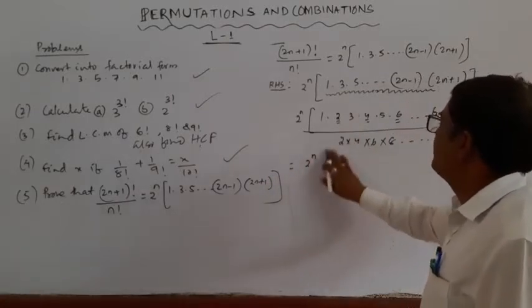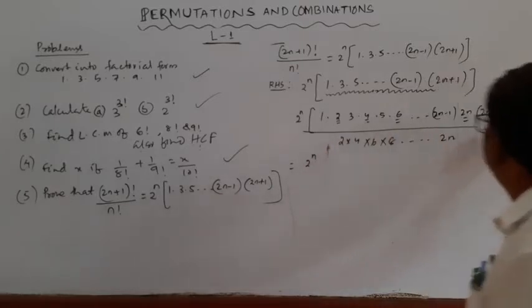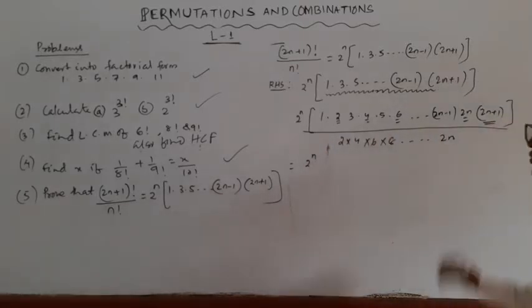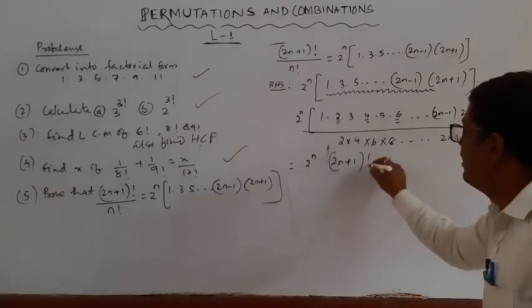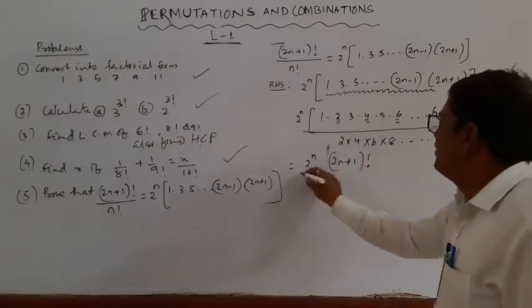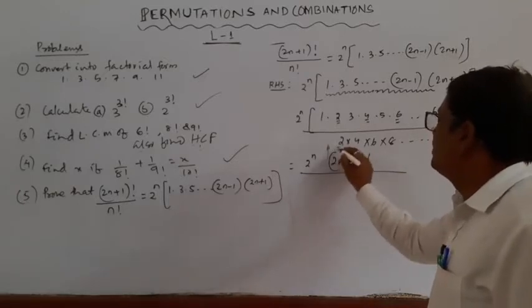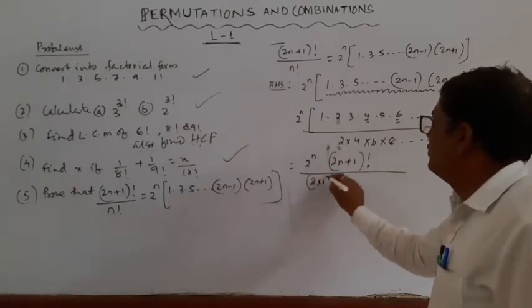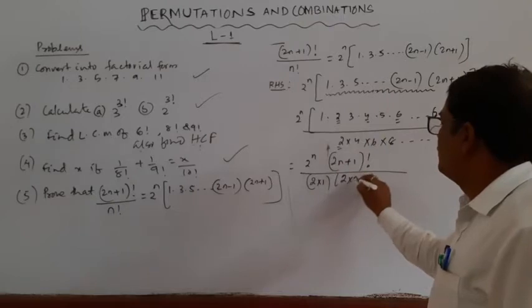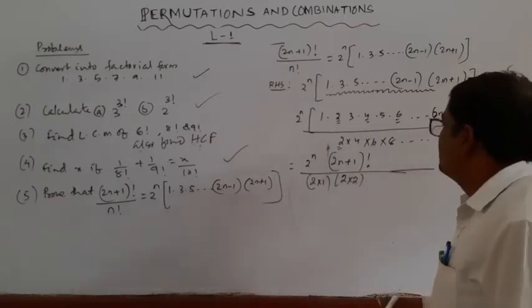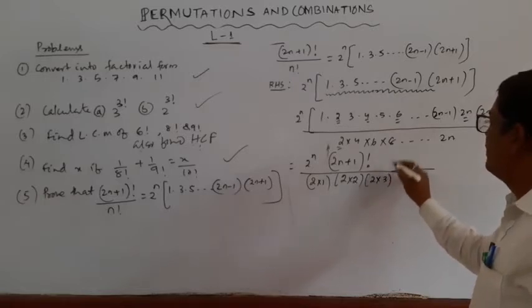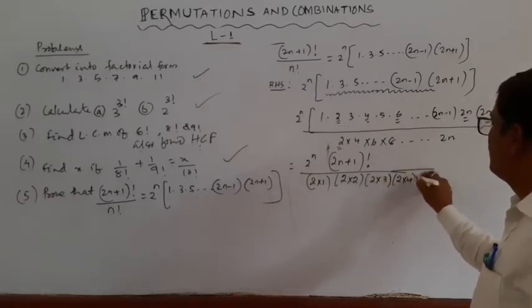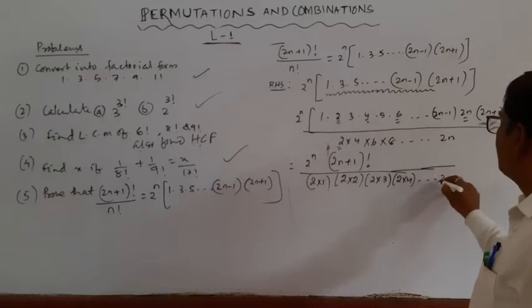So this will be 1 2 3, serially up to 2n plus 1. This will be 2n plus 1 factorial, and the denominator 2 into 2 means 2 into 1, 4 means 2 into 2, 6 means 2 into 3, 8 means 2 into 4, 2n means 2 into n.